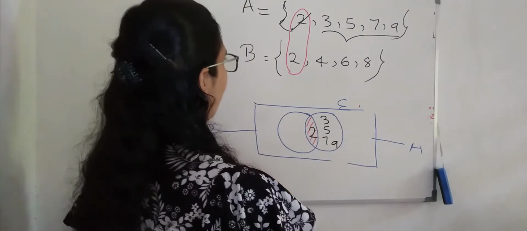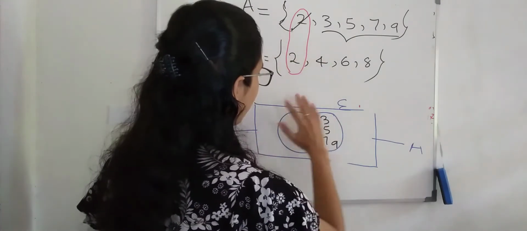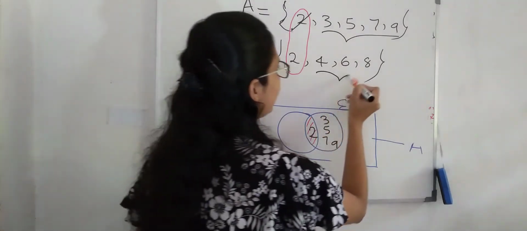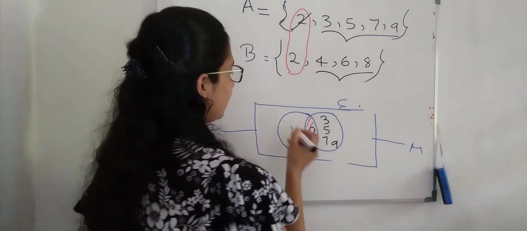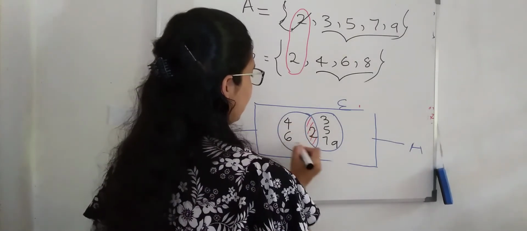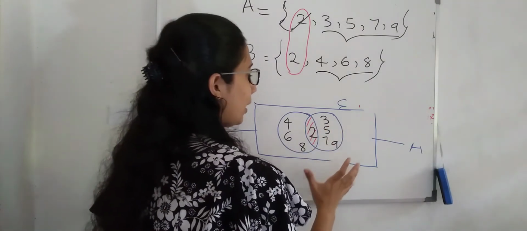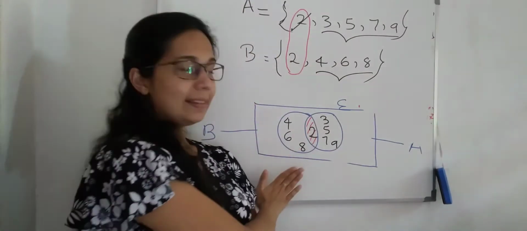And now we have already put the element 2 into the common area. Now we can put the other elements into the set B. What are the other elements? 4, 6 and 8. Right? This is the way of denoting this situation. Right? Got it? This is the way.